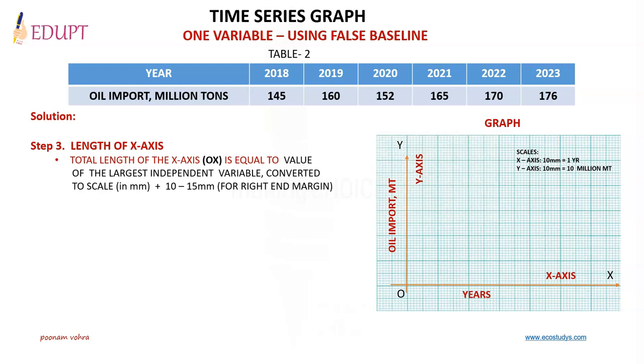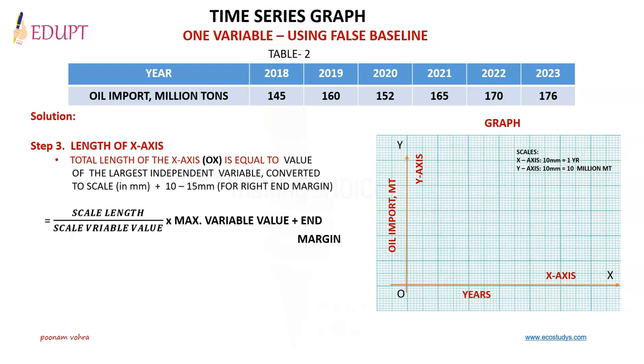Next step is to decide the length of x-axis. It would be scale length divided by scale variable value into maximum variable value plus end margin. And it turns out to be 10 by 1 year into 6 years plus 10, which is the end margin, 70 mm or 7 centimeters.